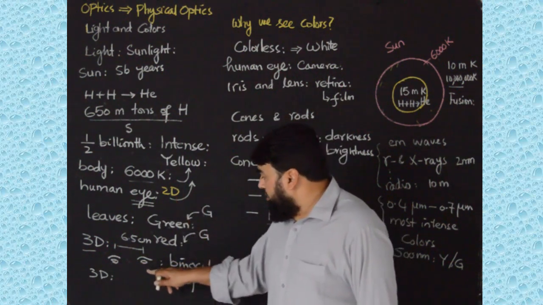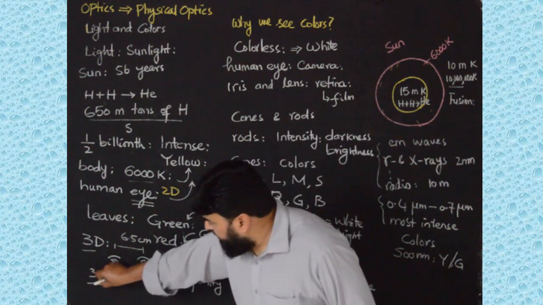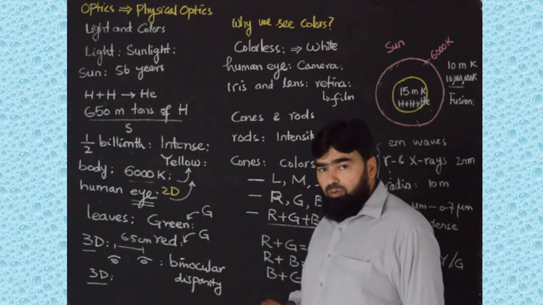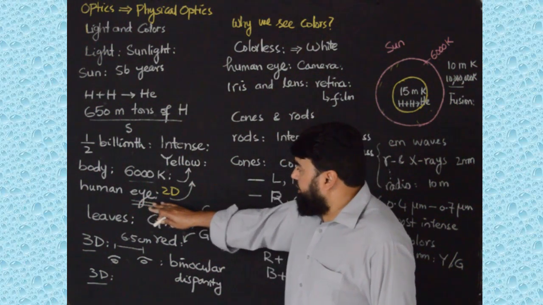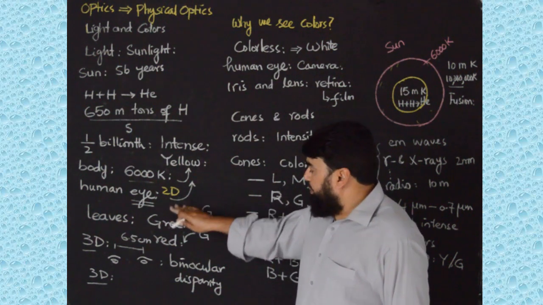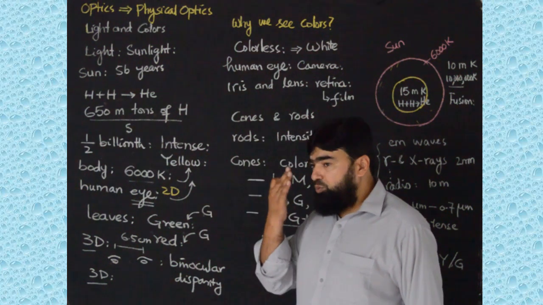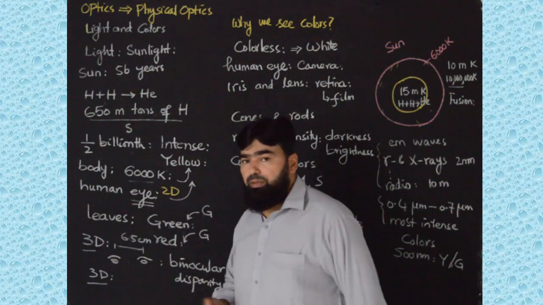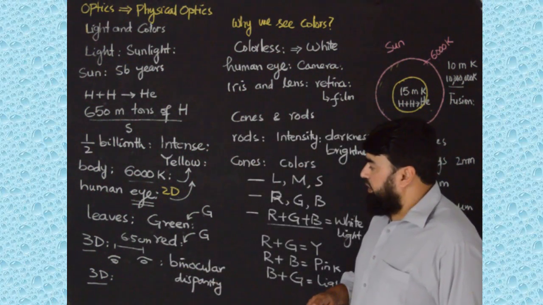So that binocular disparity helps us to see the movie in 3D form. The human eye is seeing in 2D, but the binocular disparity, or the difference in their viewing angles, generates the third dimension, and it seems that we are seeing in 3D.